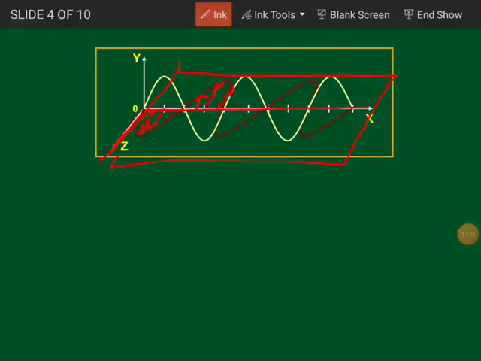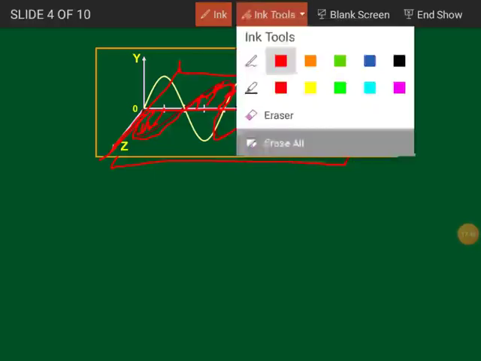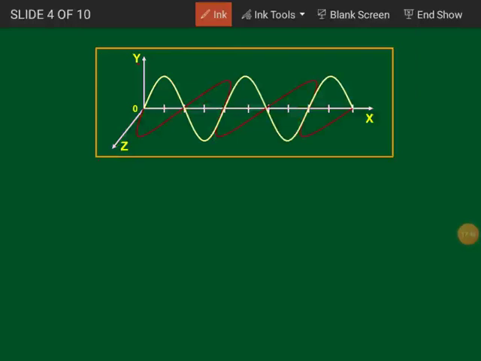As the magnetic field is varying with time along the xz plane, the electromagnetic wave will be vibrating perpendicular to this, moving along the x-axis like this.